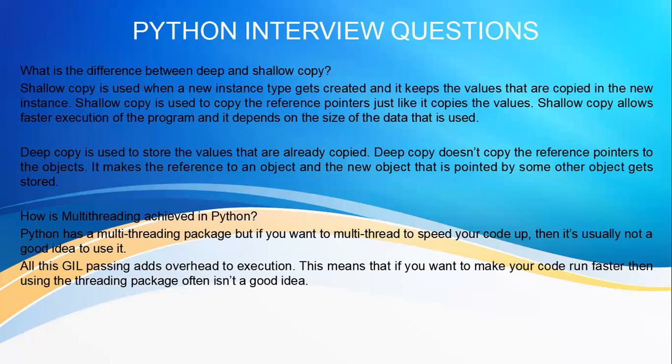The changes made in the original copy won't affect any other copy that uses the object. Deep copy makes execution of the program slower due to making certain copies for each object that is being called. So this is the difference between shallow copy and deep copy.